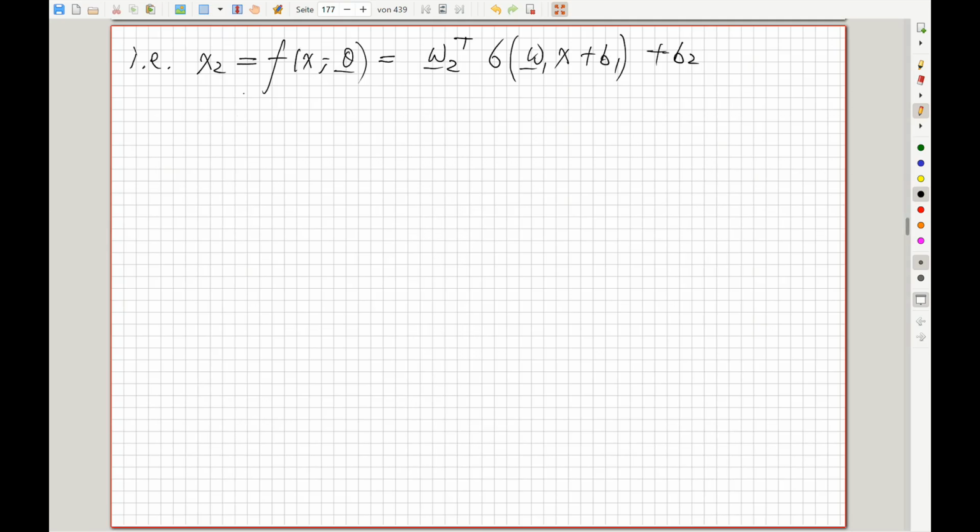In vector notation, I can also reformulate this overall result in element-wise notation. Say I sum up over all the hidden neurons from 1 to M1.